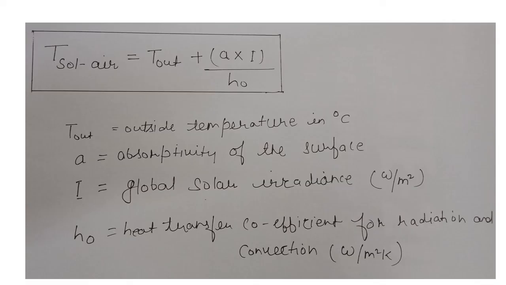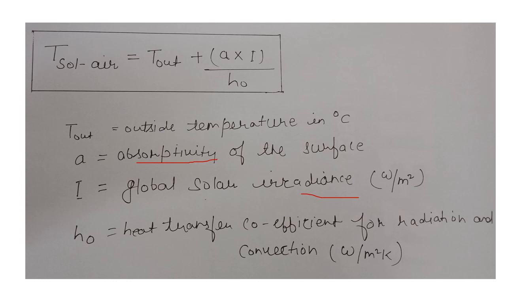Now this formula also gives the thermal behavior and heat flow. T solar air is equal to T outside temperature plus A into I by HO. This solar air temperature is the outside exterior temperature, from which the inside surface gets heat through the exterior surface, and it represents the total heat transfer into the building. T out is the outside temperature in degree centigrade, A is the absorptivity of the surface, and I is the global solar irradiance, which is sometimes given in numericals, in watt per square meter.